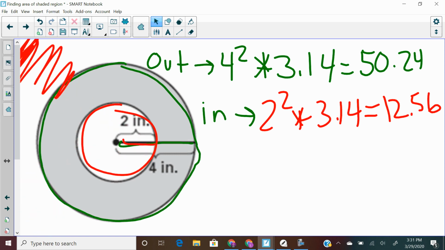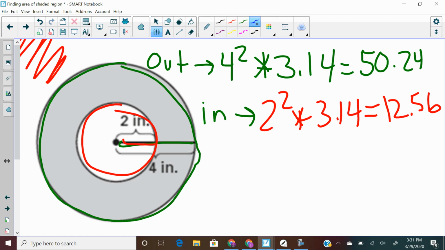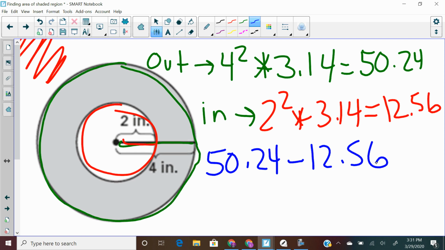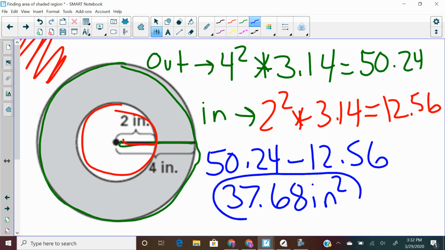In order to take it away, I subtract. So I'm going to do 50.24 minus 12.56, which equals 37.68 inches squared. That's the area of the shaded region.